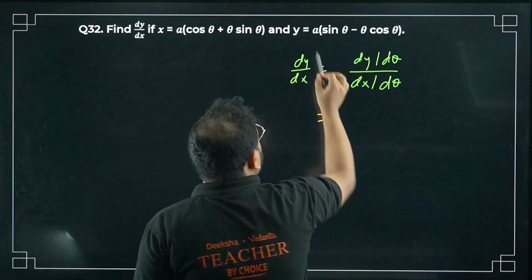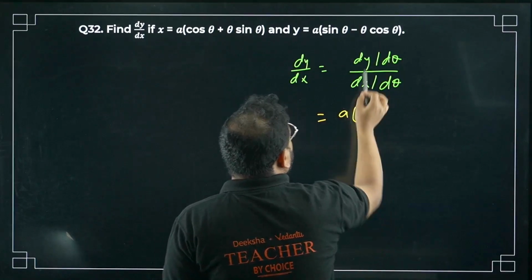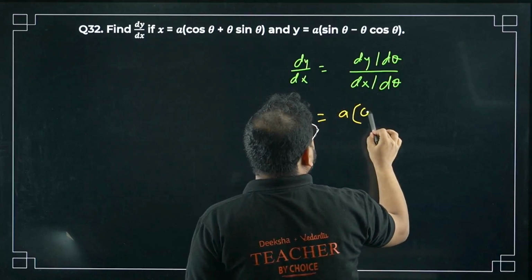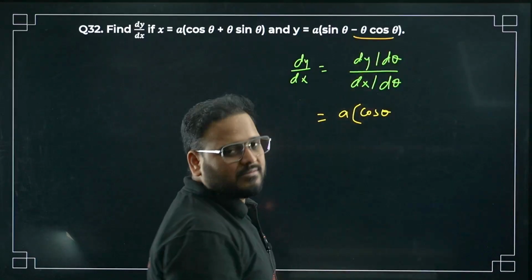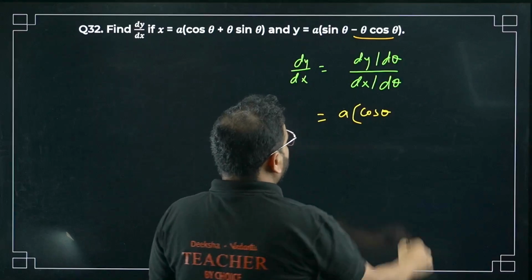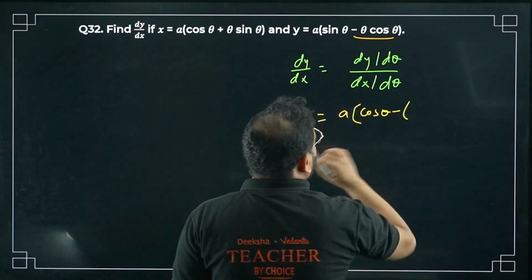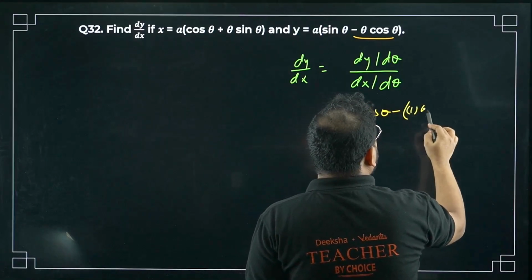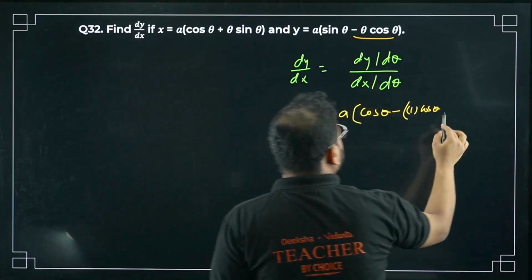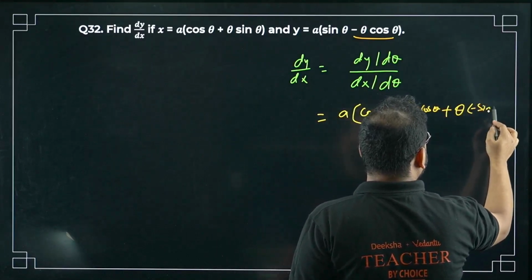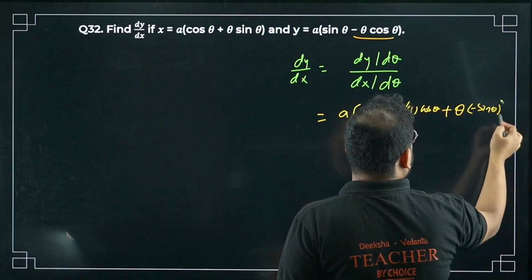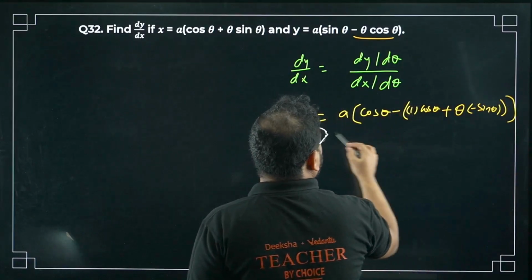If you do this part first, keep the a constant outside, differentiate this, so sin will become cos theta, and you have to use the product rule over here for theta sin cos theta. You have to use the product rule, so keep the minus sign outside and use a bracket over here. It will become 1 times cos theta, and then keep the plus sign with theta as it is. It will become minus sin theta. Okay, now close these 2 brackets. This is going to be your numerator.